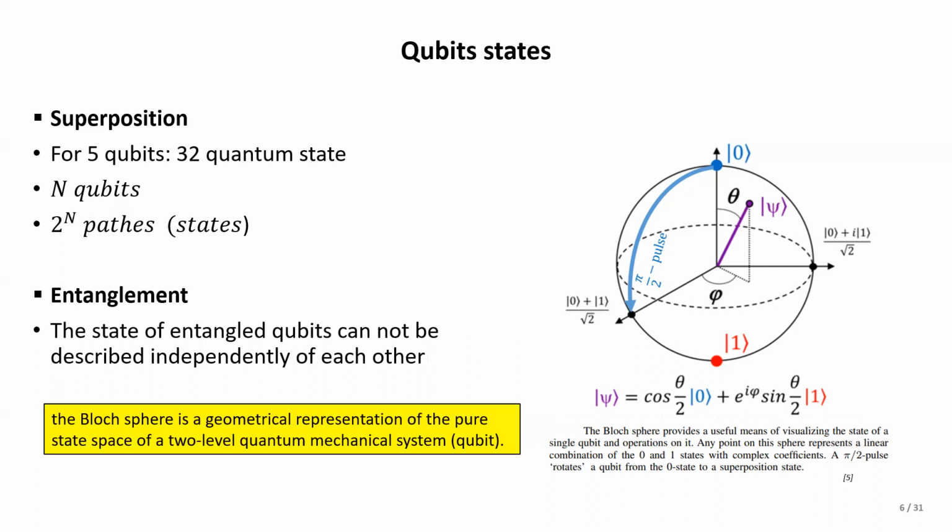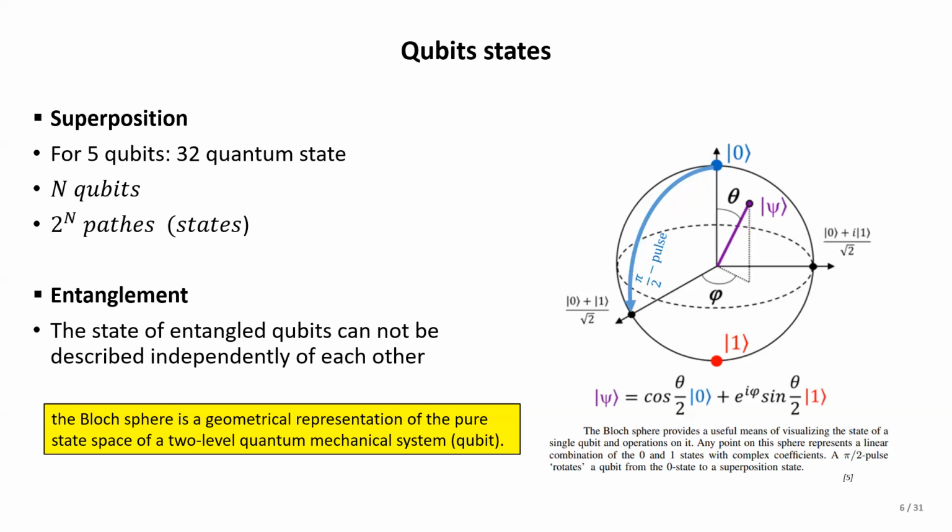To present graphically the superposition and the state of the qubits, the Bloch sphere is used, which is a geometrical representation of the pure state space of a two-level quantum mechanical system, the qubit. You can see here in this slide how it looks. There is a different phase between different states, and every superposition presents one state of the qubit.